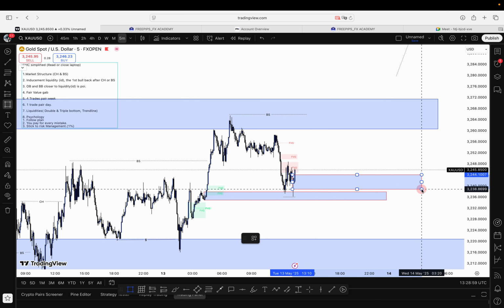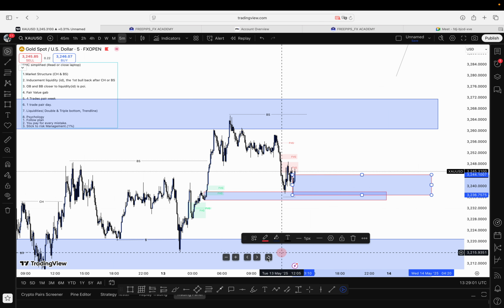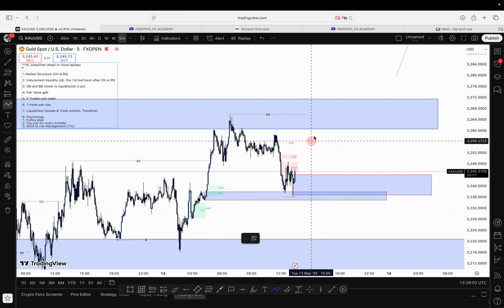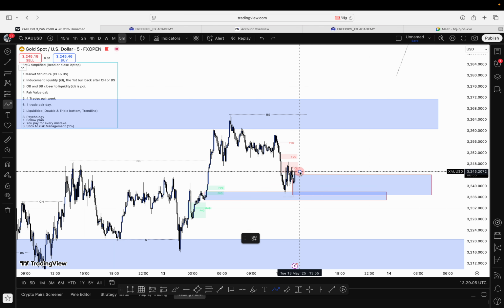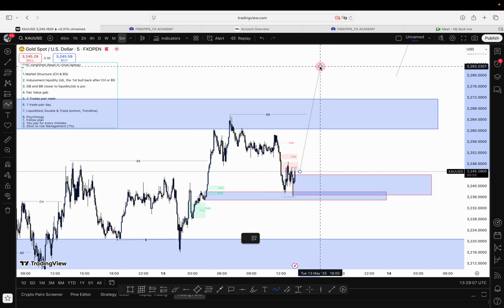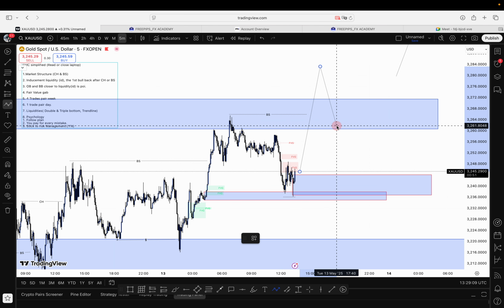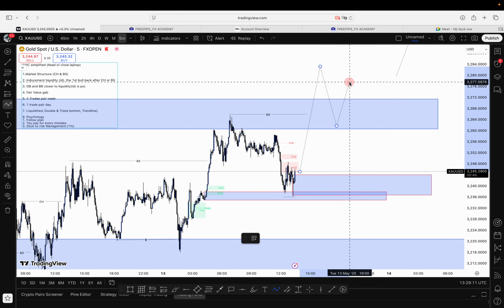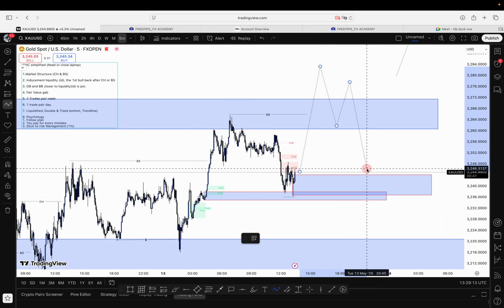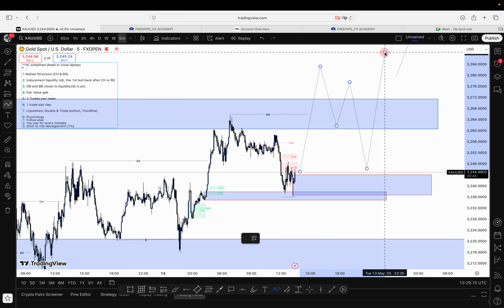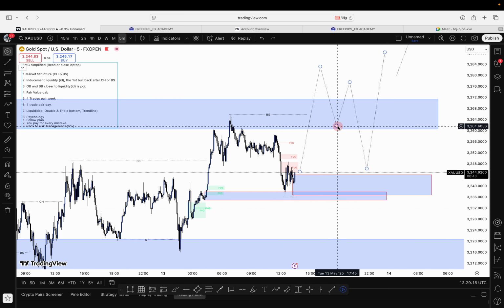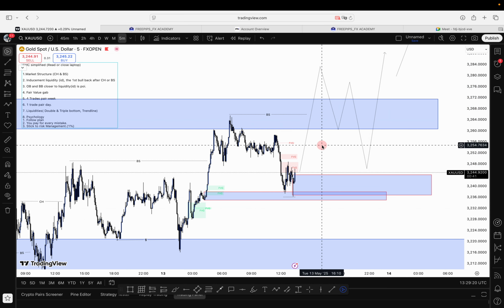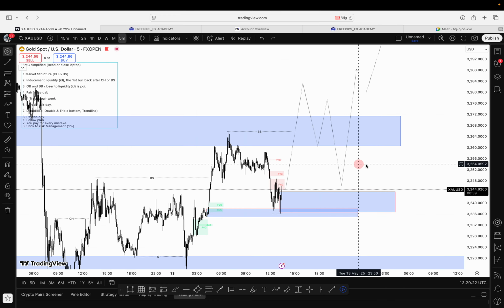Maybe if it generates another block here, and I'm able to identify an inducement. Let's say it pushed up here, and it gave me a first pullback. That becomes the inducement, and it goes up like this and comes back again. I'll be expecting a buy. You get it?